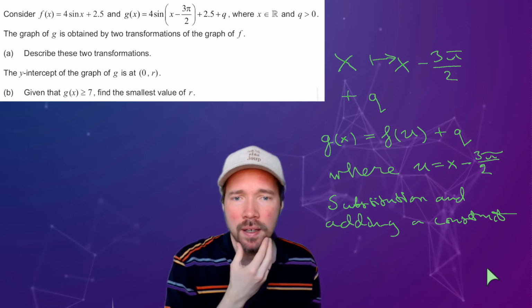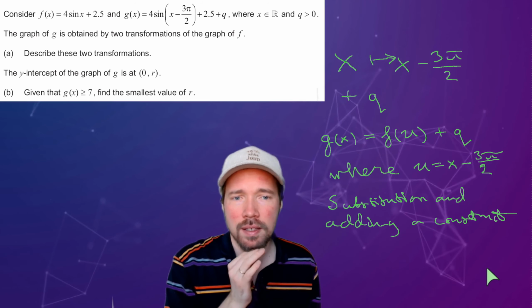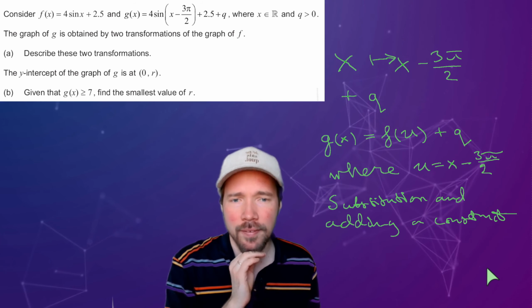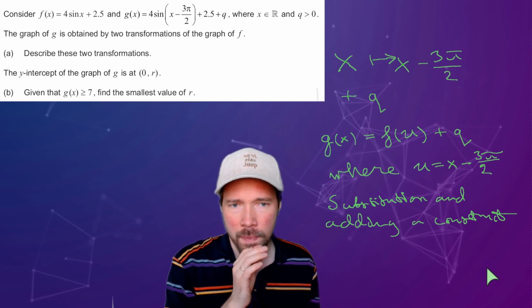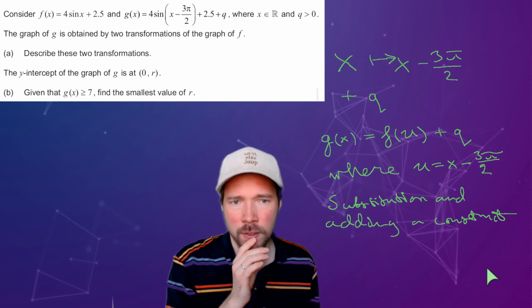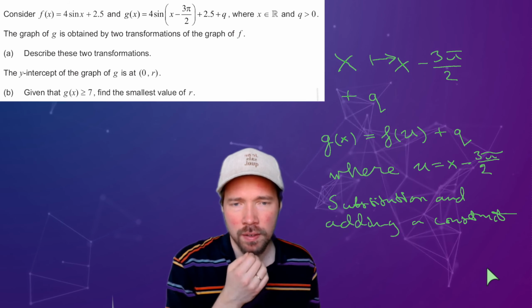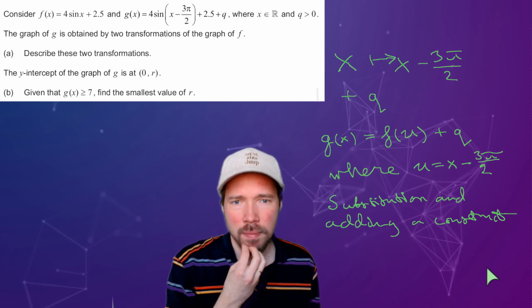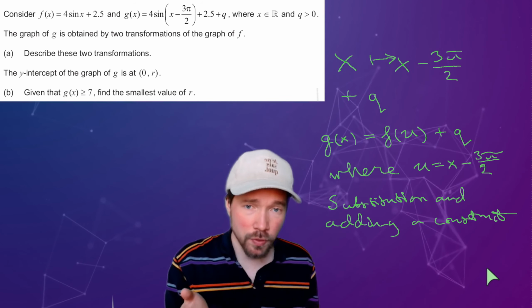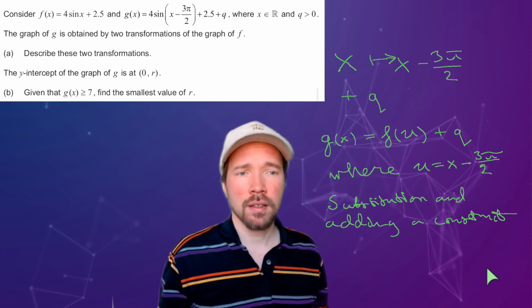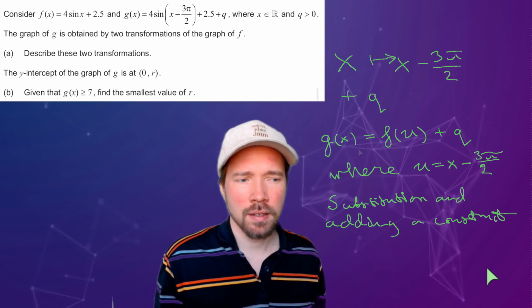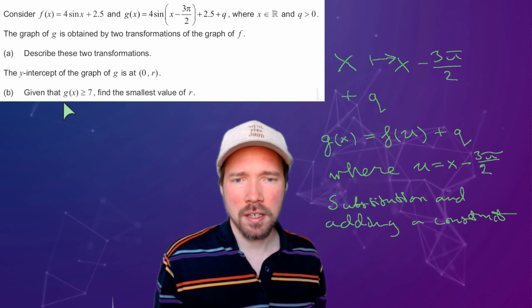And part B is that, given that g is greater or equal to 7, find the smallest value of r. Does that mean that g is greater or equal to 7 for all x? It doesn't say that, but it doesn't say anything about what this x is.